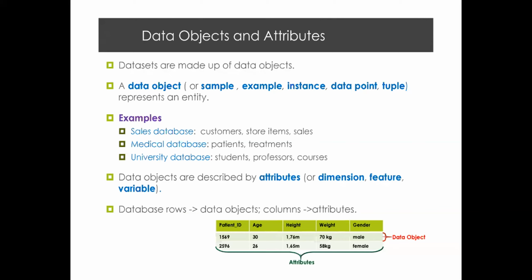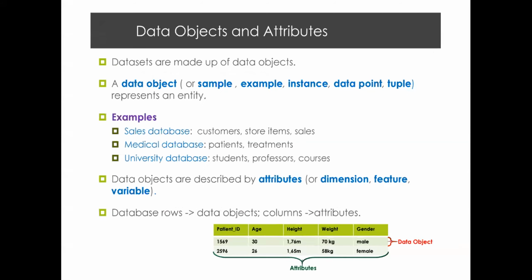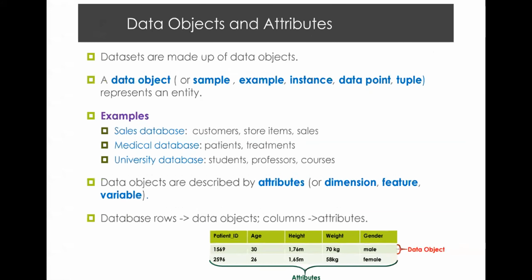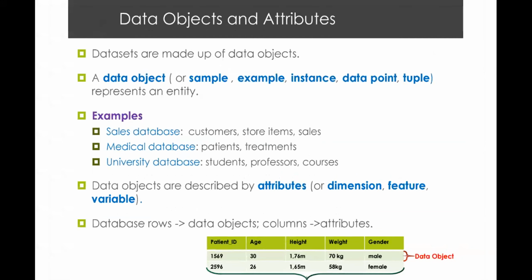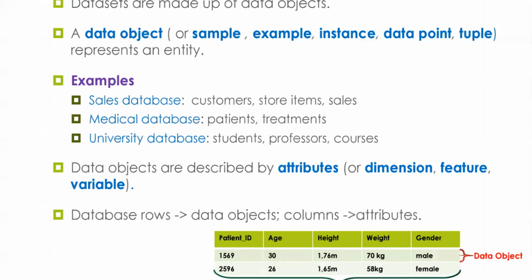For example, in a sales database, items are the data objects. The data set is the database. What objects do you have? Data objects are customers, store items, sales.